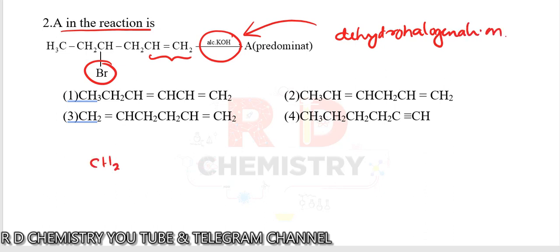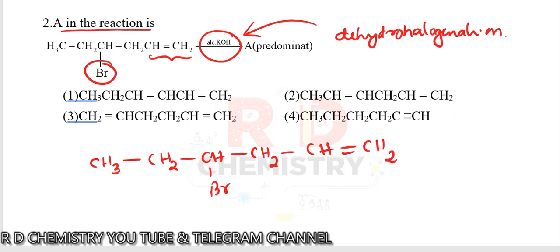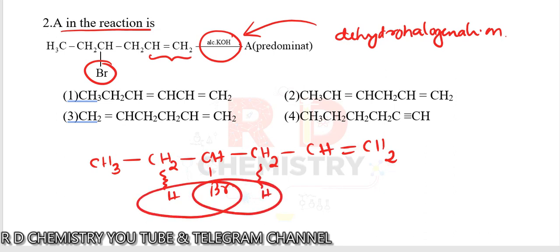So I can write CH3, CH2, then CH, then here CH2, then CH double bond CH2. Correct? I can remove hydrogen from here, right? To give HBr. I can remove hydrogen from here also to give one more HBr. Either the double bond is created here or created here.